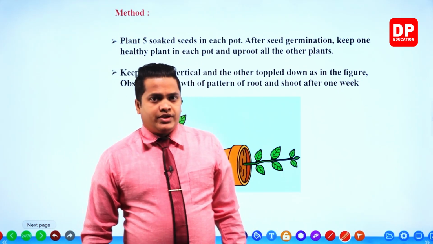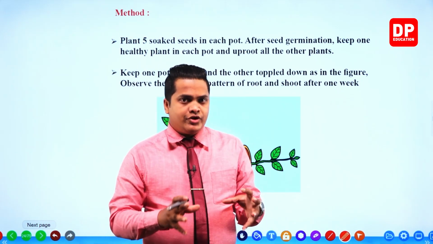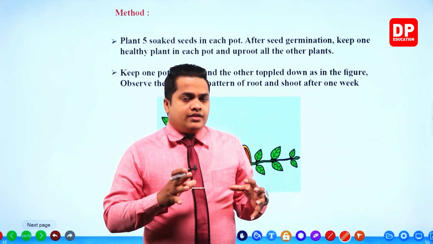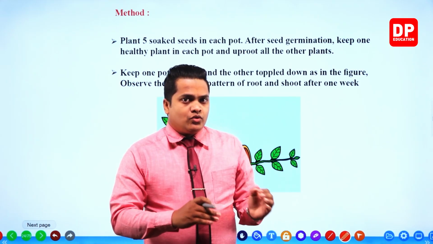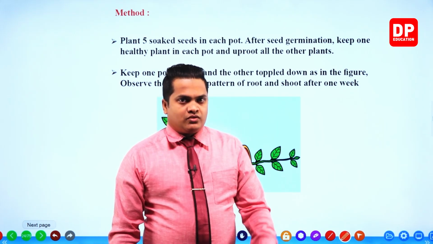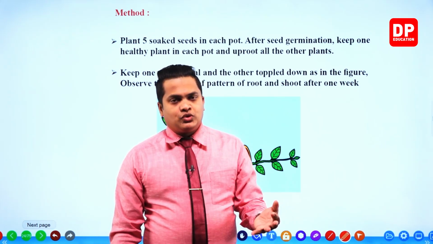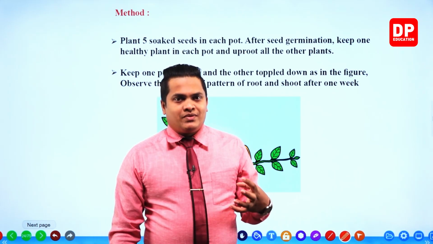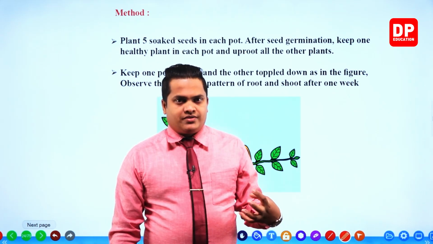What you have to do here is plant these pea seeds within two different pots. You should take at least 5, because sometimes these seeds may grow and sometimes they may not.